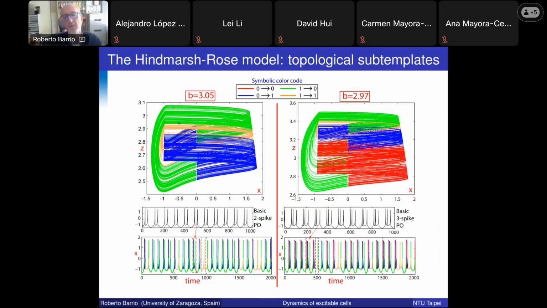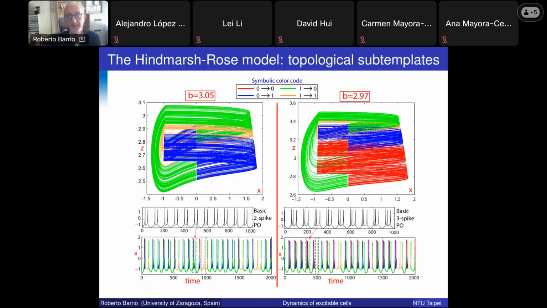For this value, we have only 3 colors. 0, 0 is not present. That means 0, 0 is not possible as a symbolic code in this case. So you will have 0, 1, 1, 0, 1, 1, but 2 consecutive 0 is not possible in any of the orbits related to this attractor.